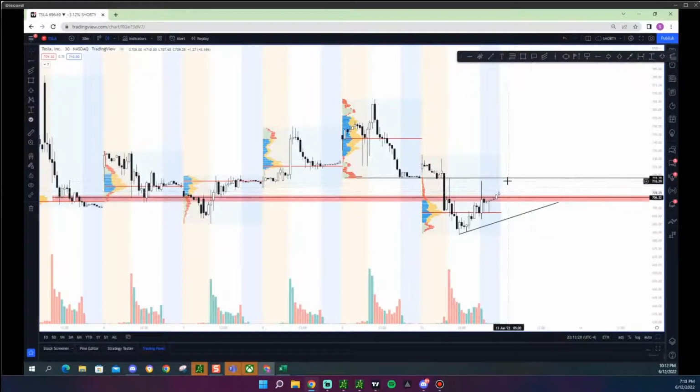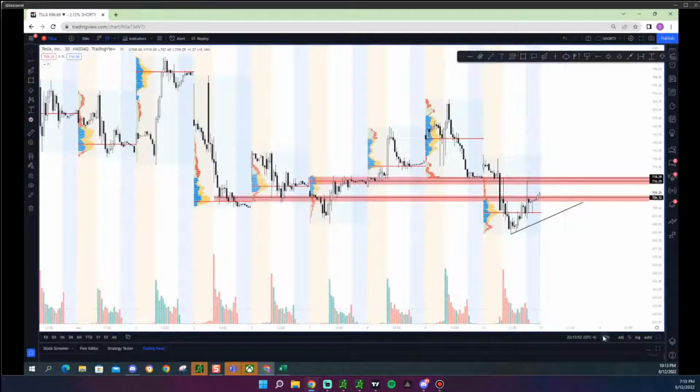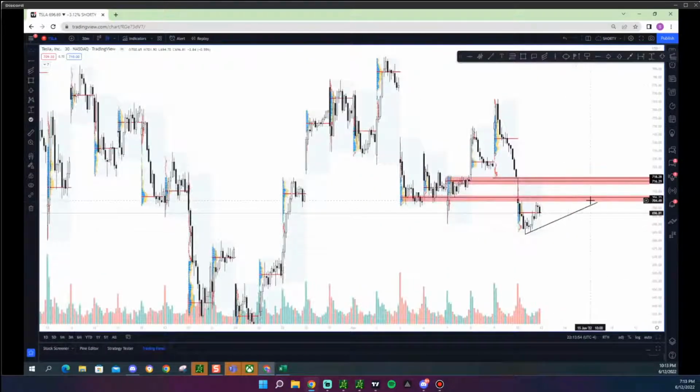So that 718 is also a potential huge rejection waiting here. And how do we know? Well, you have this right here with the volume profile area that lines up again as a cutoff on the auction on the upside. Look at that. Yeah, we can do that flip. So there's a high chance we're going to reject here, guys, on Tesla.